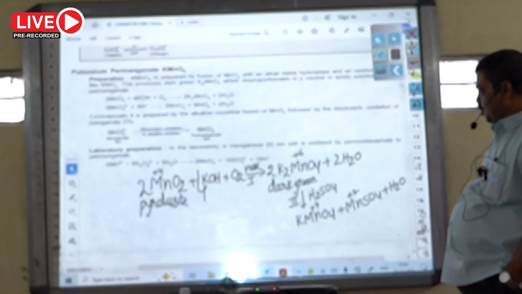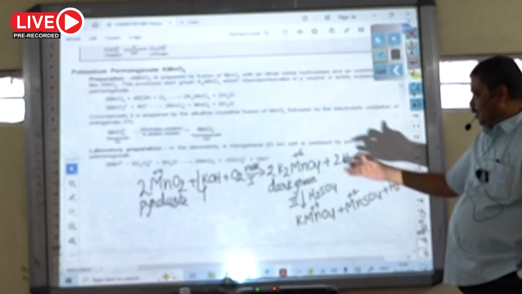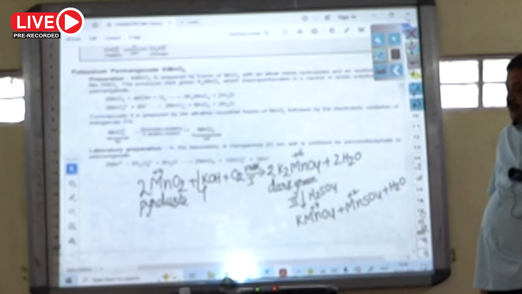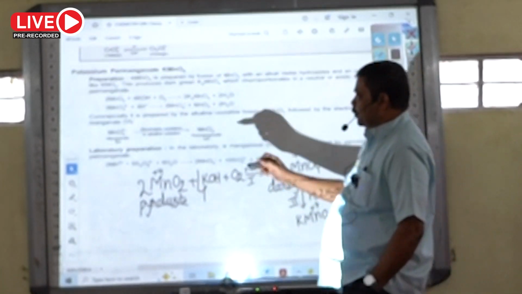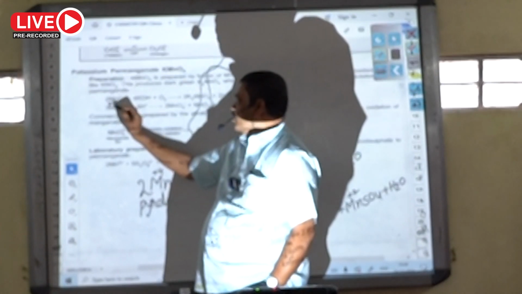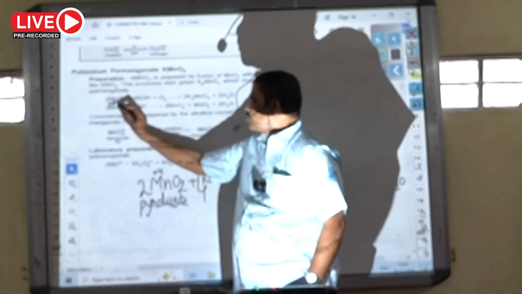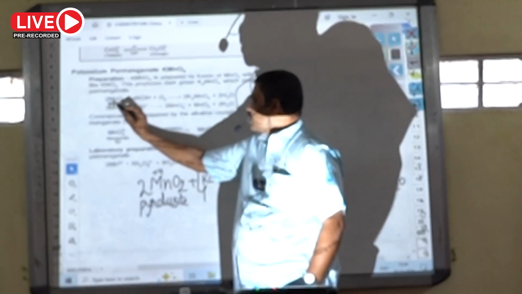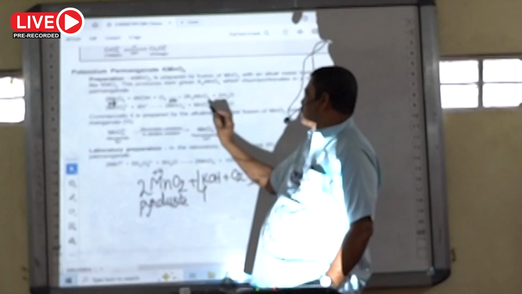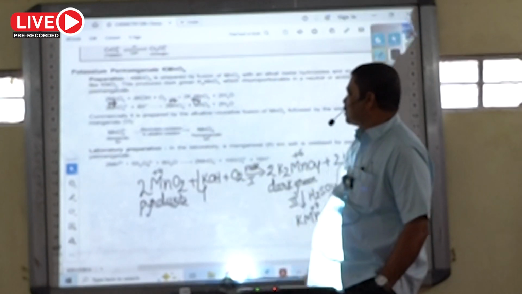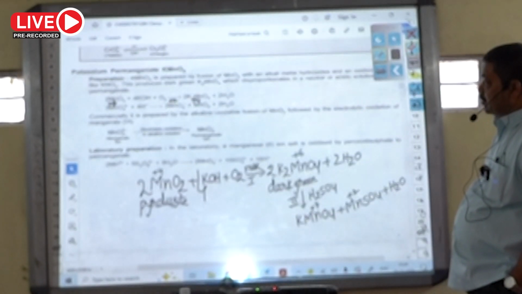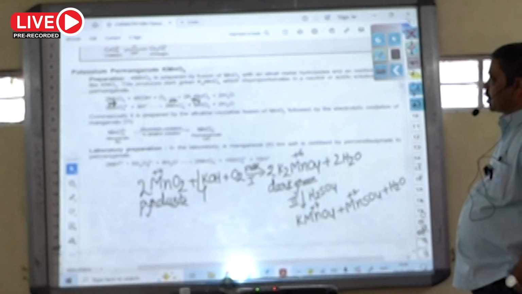Means it is disproportionated: +6 to +7 oxidation, +6 to +2 reduction. Here it is disproportionation. Here they have given the ionic equation. +6 to +7 and +2, +4. Oh, +6 to +7 is oxidation, okay, reduction is the other.